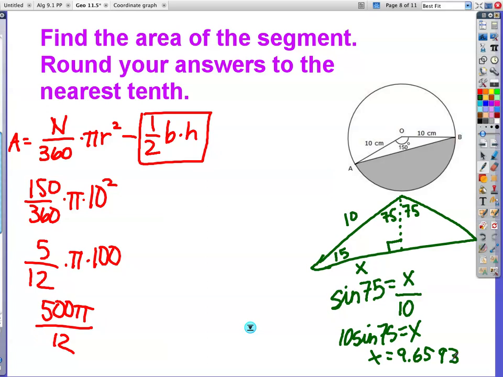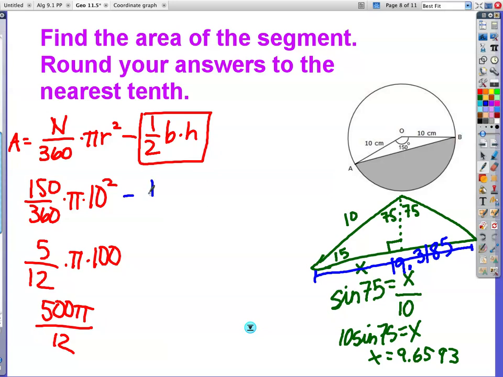All right, that is just half of my base. So I'm going to take that times 2 to get the entire length here. So this is actually 19.3185.